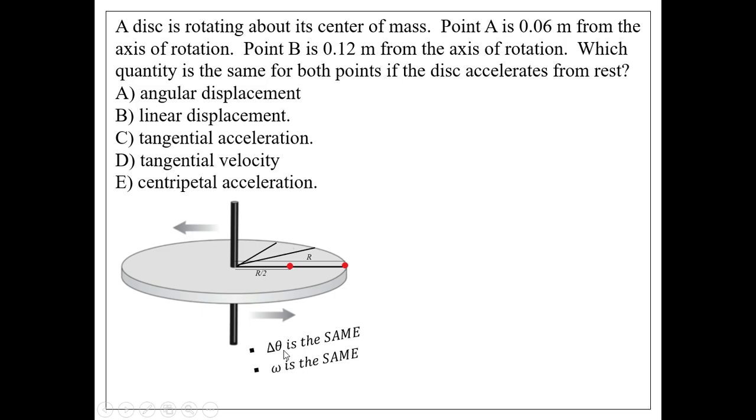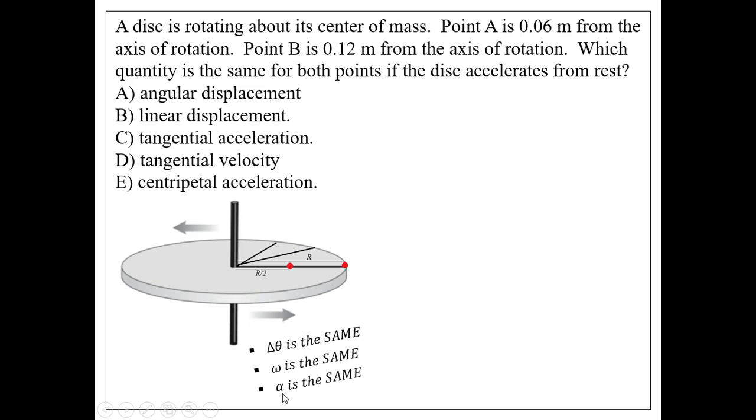If theta is the same from the first bullet, and it's a single unit, every single point has the same time. So theta over t must be the same, because the same theta and same time give you the same angular velocity.